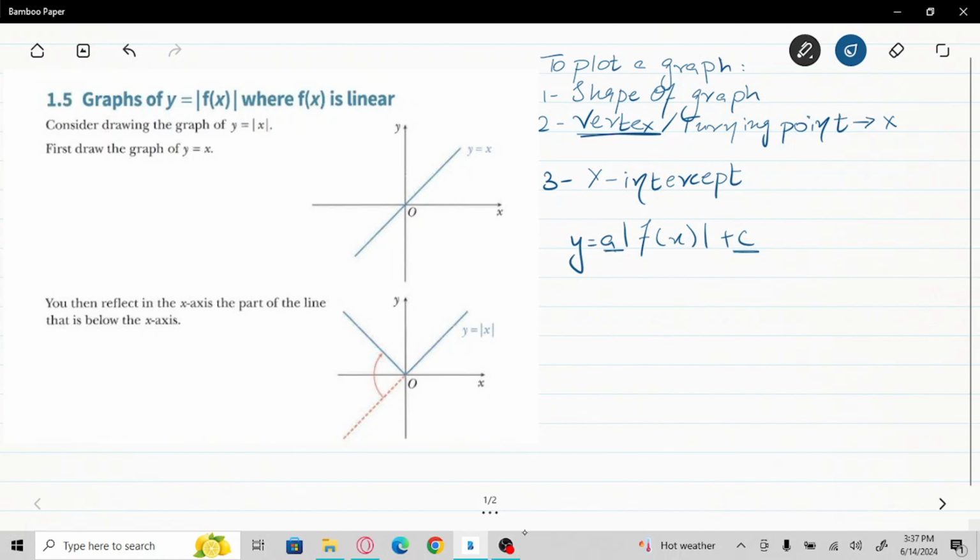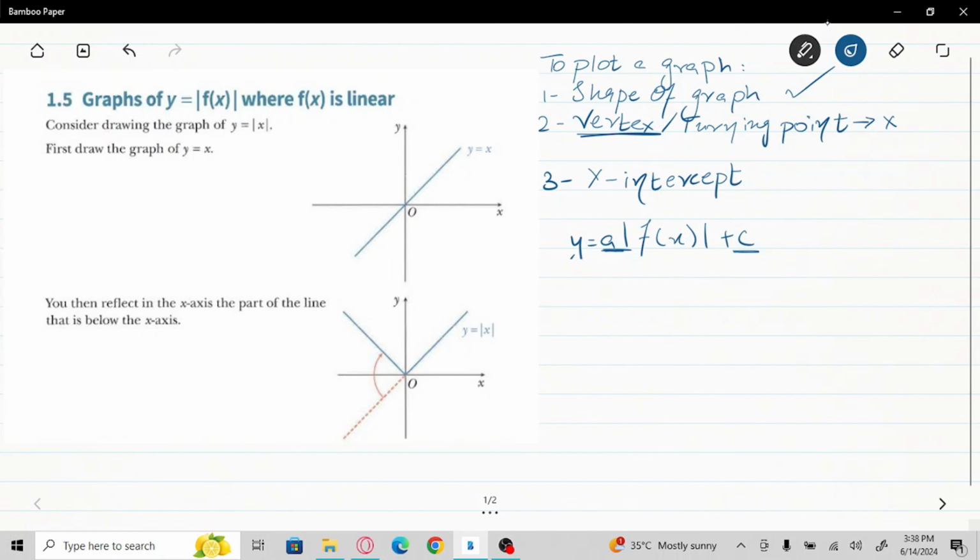If this a value is positive, the shape of a modulus graph would be something like this. And when a is negative, the graph would be something like this. It's not important to know that, but still it allows us to check if we are on the right path or not. From this equation we know the shape of the graph from the sign of a. Then we will find the vertex.